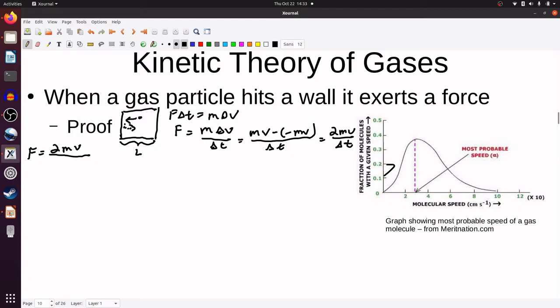So if I say 2L over v, that will give me the time. 2L is a length, velocity is a rate. Length divided by rate gives me a time, and that's how long it takes to traverse that little track back and forth. And so then I can flip up my v, and that's going to give me mv squared over L. And that's, of course, equal to F.